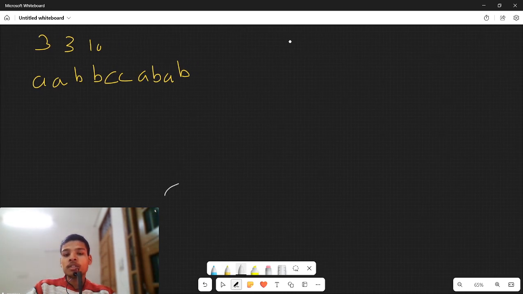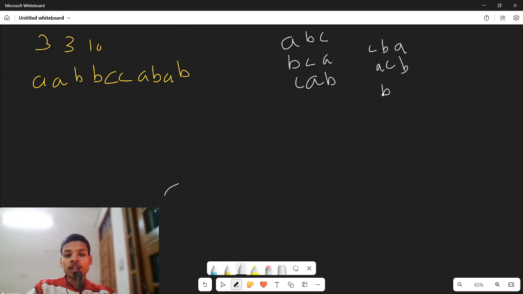The strings possible which I want are A, B, C, or I can also get A, C, B, or C, A, B, or C, B, A, and A, C, B, and one more is left, like B, A, C, right? So these are the possible subsequences which I want to check whether they are present in this string 3 times only and in the order also.